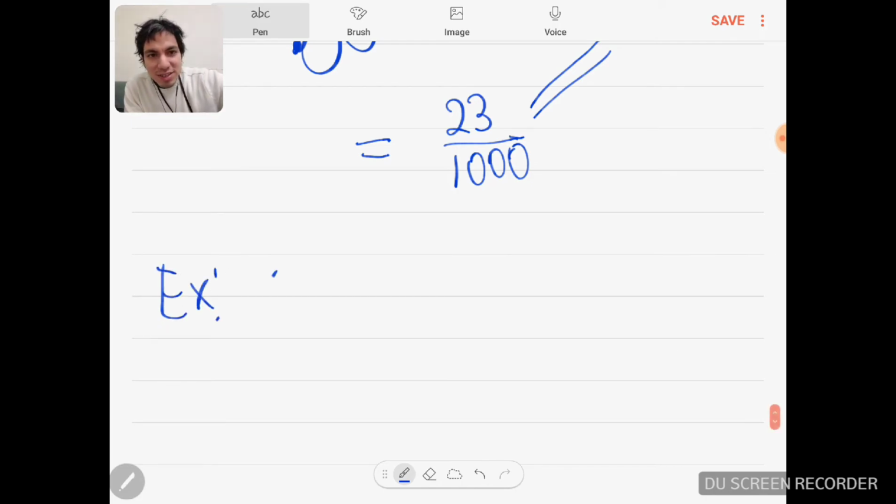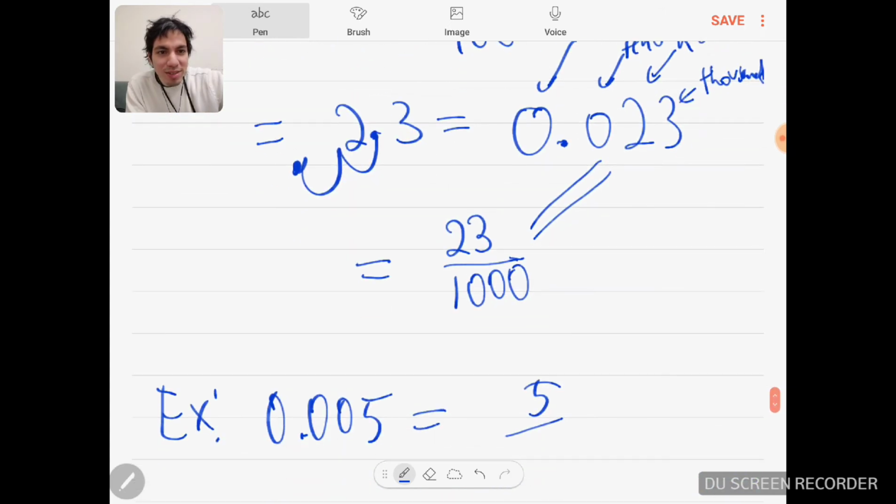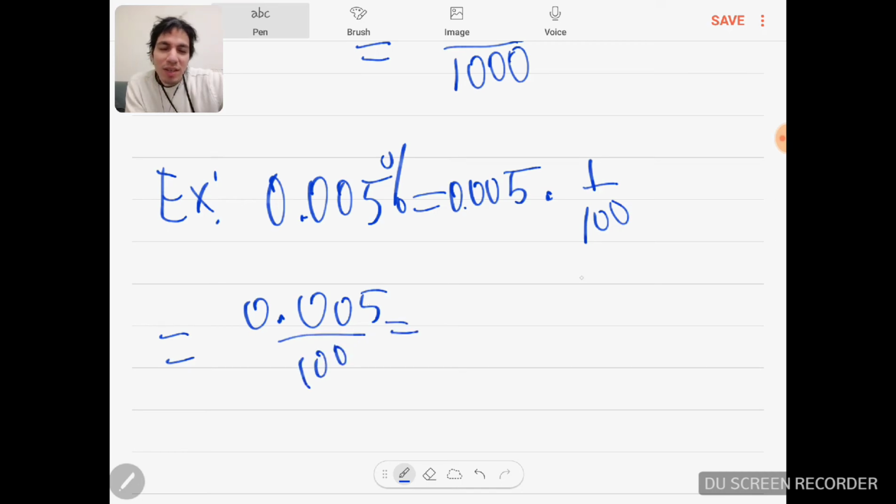If I said 0.005 like this, and I asked you to write this as a fraction, well, let me write this as a percent first, sorry. Then you do the whole same thing. It would be 0.005 times 100. I'm moving too fast, sorry. This would become 0.005 over 100. And then you add the zeros there, 0.00005.